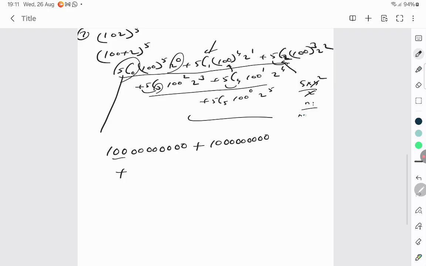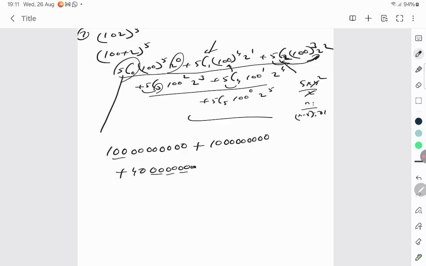Otherwise you can use n factorial by n minus r factorial into r factorial, but I prefer n into n minus 1 by 2, so 10. 10 into 4 is 40, with 3 zeros.